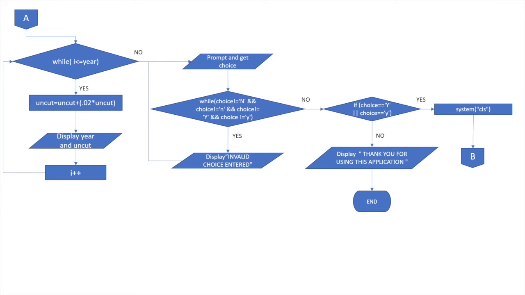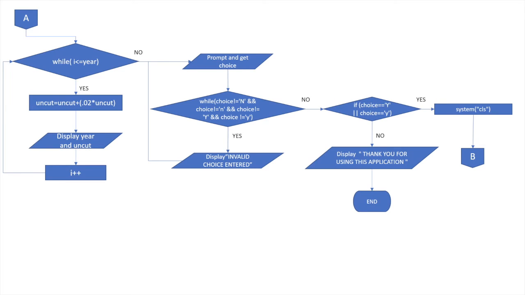From this process I want to explain that the uncut area is now becoming the total reforested area. So it will display the year, which is actually the value of I, and then the uncut, which is the value of reforested area, and then increment for I.